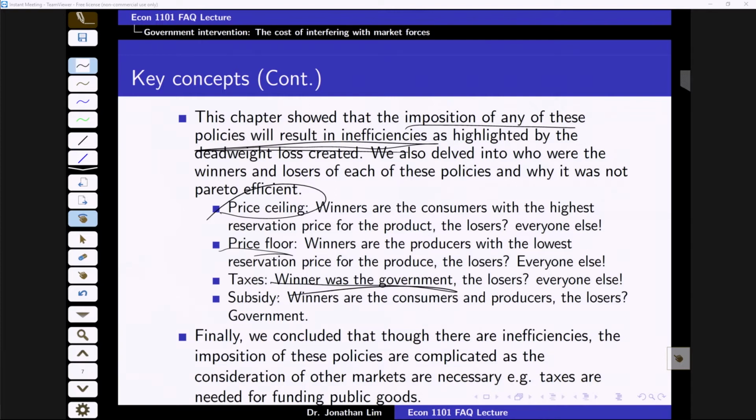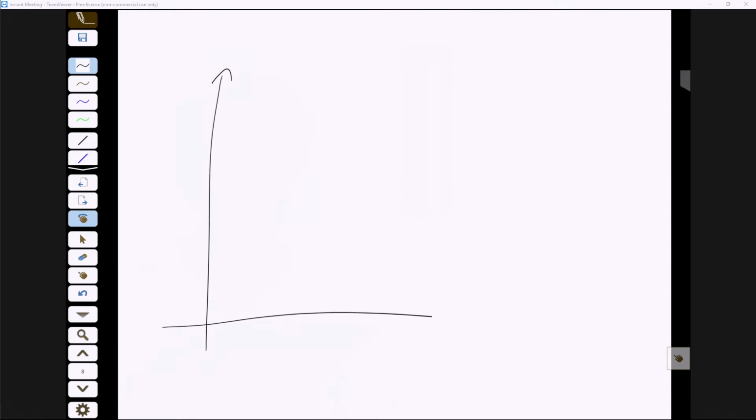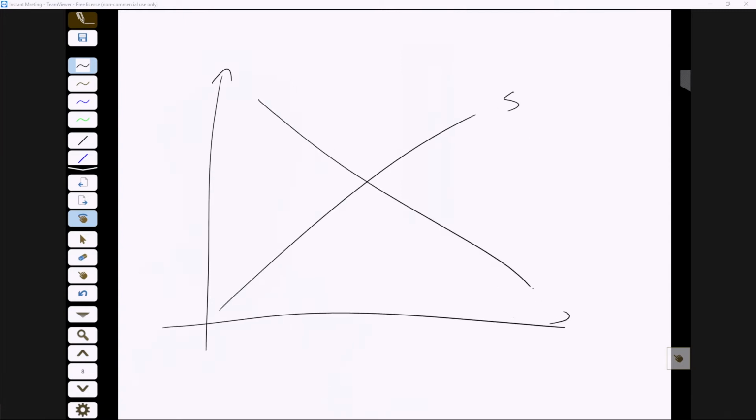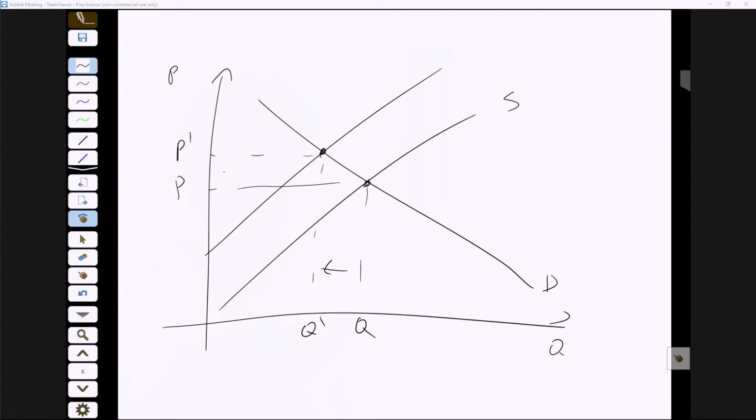The taxes, well, if you remember your tax diagram, you have this situation where you have S and D, P and Q, and you impose a per unit tax. So originally this would have been your P and Q, but as a result of the tax, quantity goes down and prices go up.